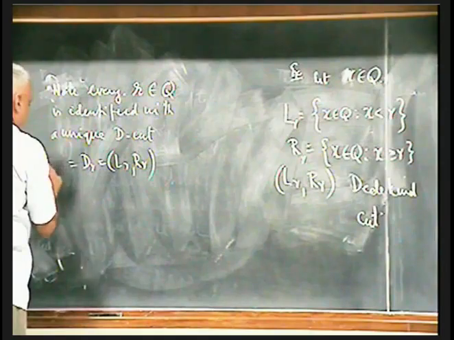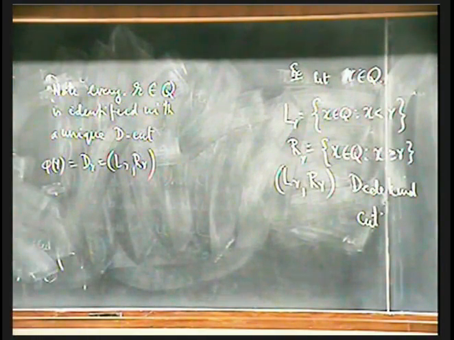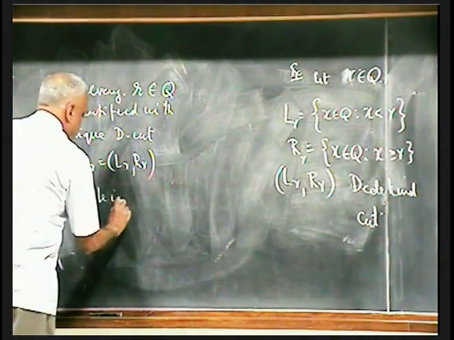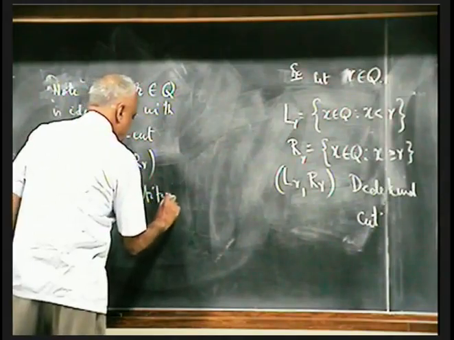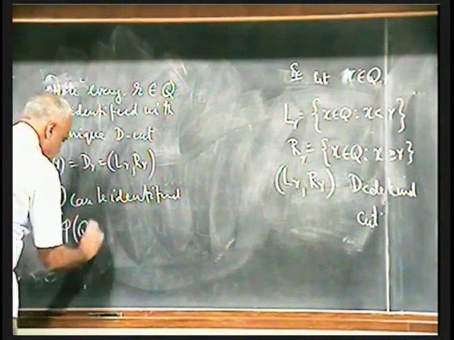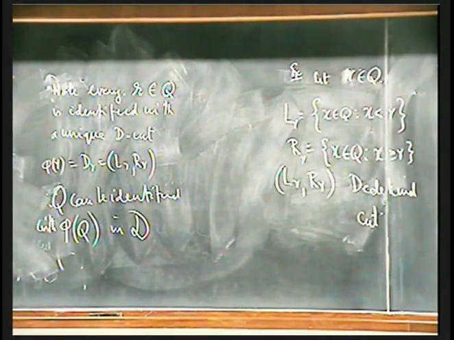Therefore, we call it phi(r). So therefore, we can identify the rational numbers inside the D. So therefore, Q can be identified with phi(Q) in D. For every r, there is a phi(r), and that's unique. So therefore, we have these Dedekind cuts.